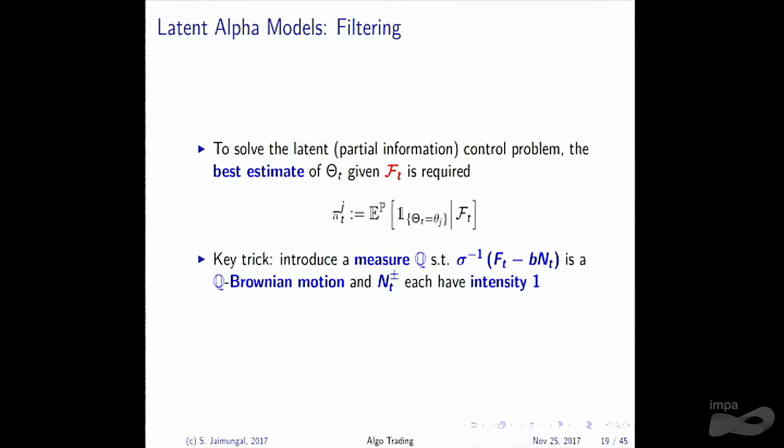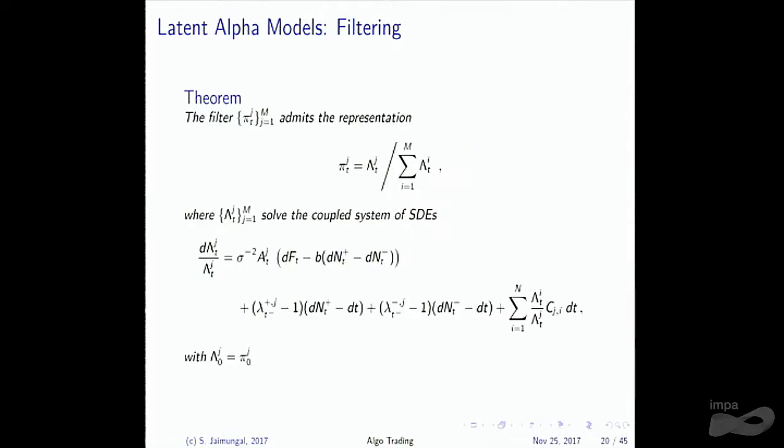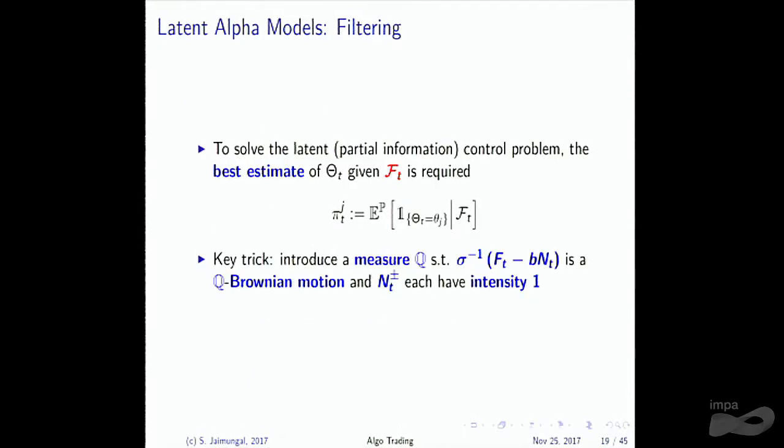Okay? So you can show that such a probability measure exists in this context, and that this pi turns out to satisfy some nice stochastic differential equation. Don't stare at it, okay? Just know that we can compute this posterior probability in an online fashion. So online means as we observe the data, okay?